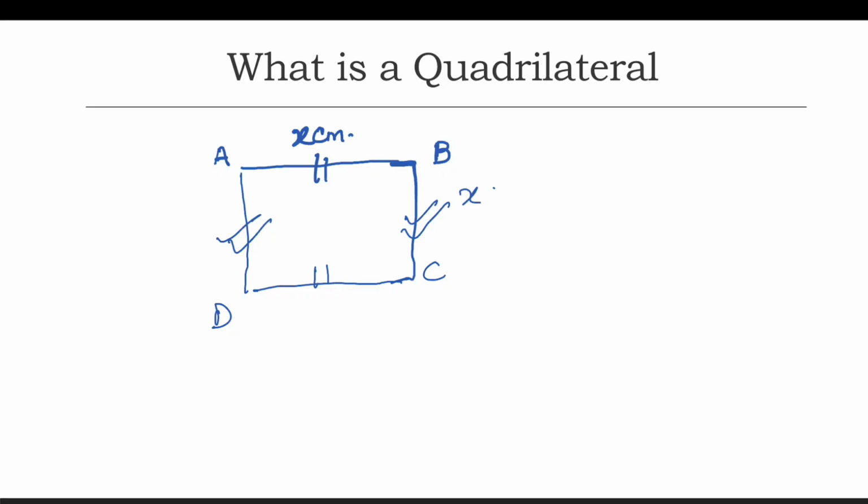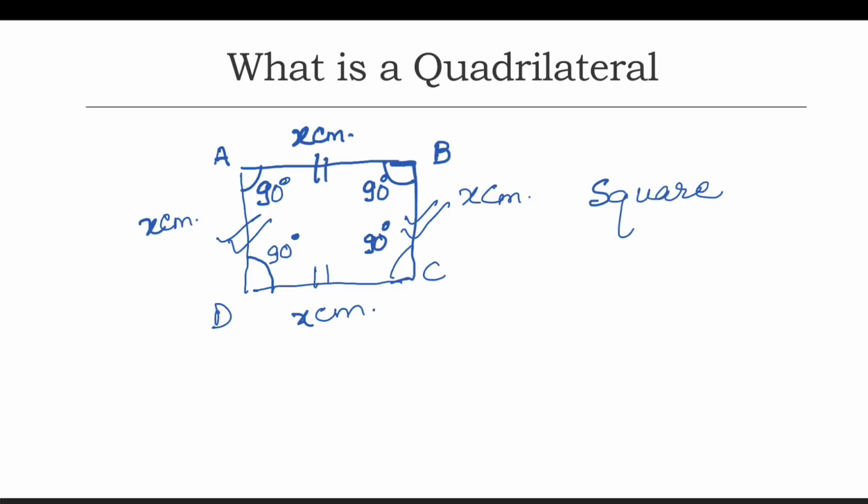This is x centimeter, this is x centimeter, this is x centimeter, and this is x centimeter, right? But along with that, another thing is this angle is 90 degrees. So all four angles are also 90 degrees. So a special type of rhombus where all angles are 90 degrees is called a square.